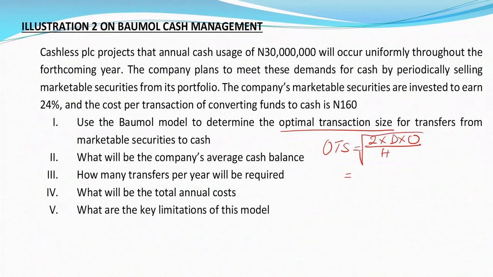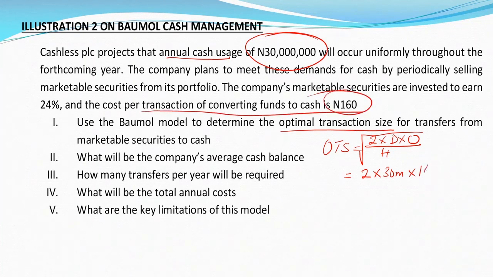Okay, so that means optimal transaction size will be 2 times our annual cash usage, which is 30 million, times our ordering cost per transaction, which is 160, divided by our holding cost, which is 24%. So can I have my optimal transaction size?